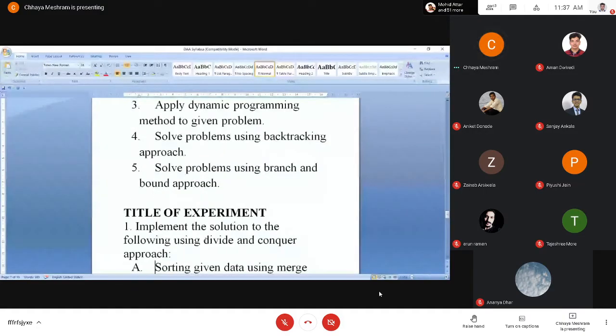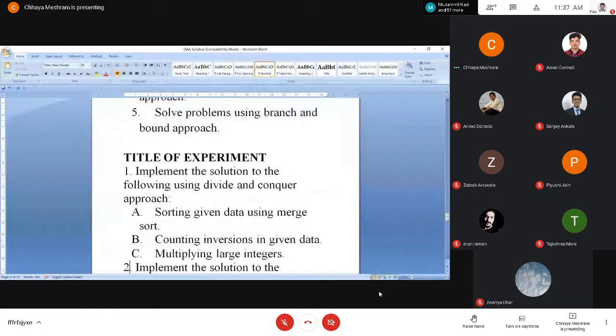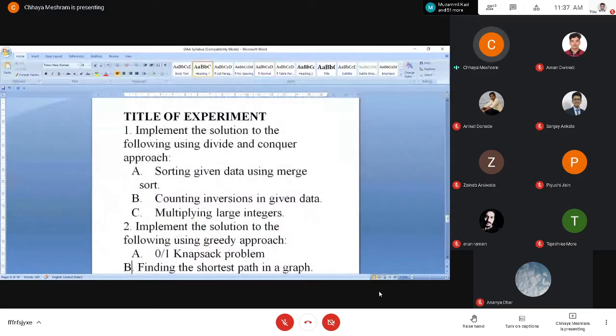Now again, these are the titles of the experiments. The experiments depend upon the techniques we are going to study throughout the syllabus. We are going to study the divide and conquer strategy. So our first experiment is to implement the solution to the following using the divide and conquer approach.